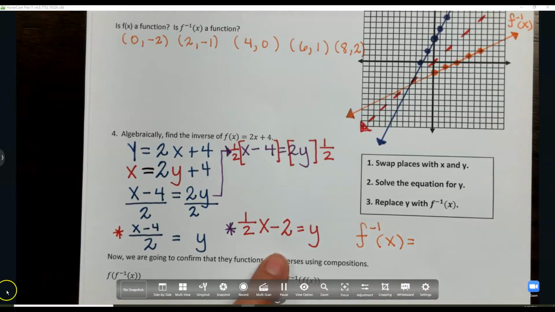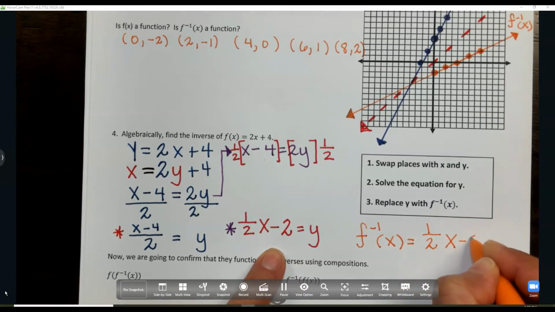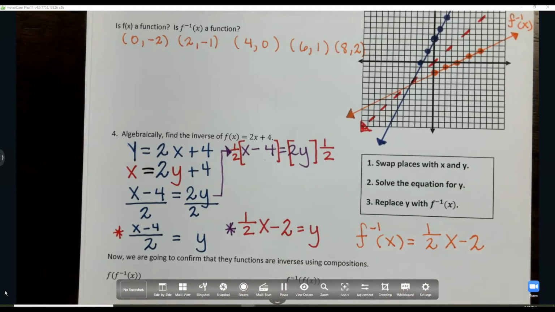And I'm going to recopy this. So the inverse is 1/2 x minus 2. So the steps right there are in that text box. I even put a box around it. You're always going to use that right here on these notes.